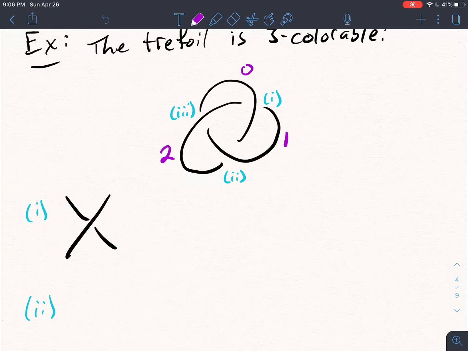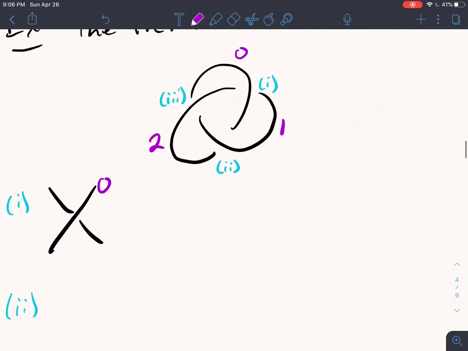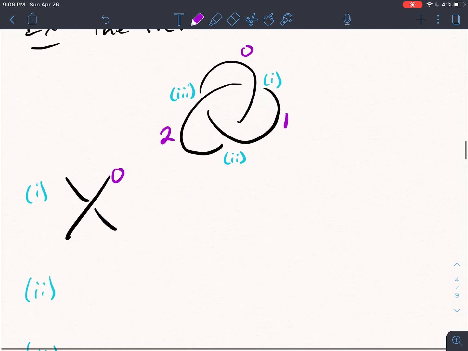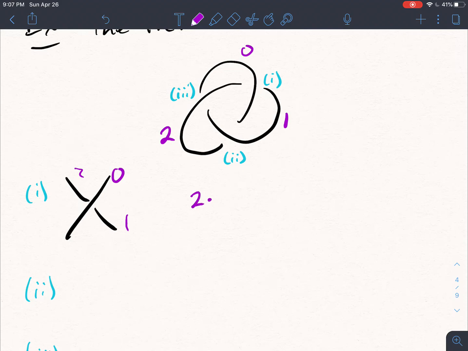So let's go to crossing 1. So what's our overstrand look like? Our overstrand looks like this. So that is labeled with a 0. So I'll go ahead and label that 0. And then my understrands are going to be a 1 coming out the bottom right, and then a 2 coming out the top left. So that's the 2. Okay.